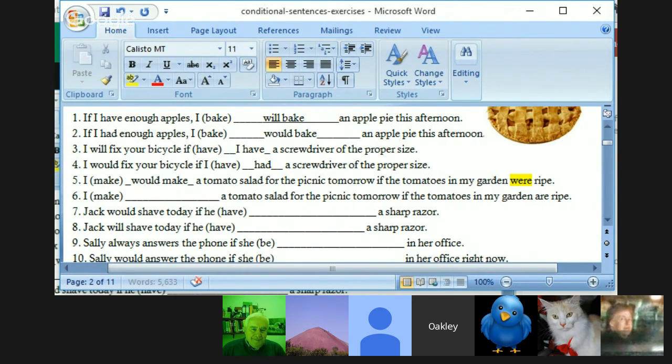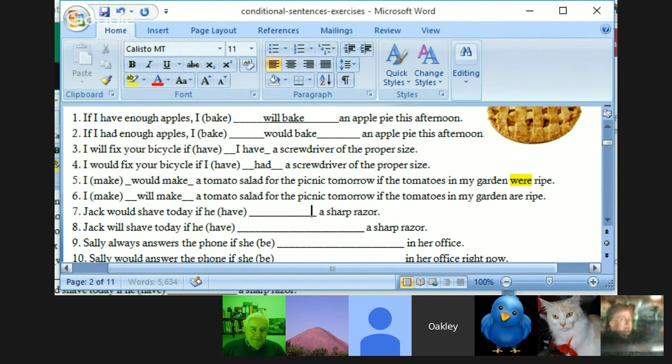Roberto. All right, imagining that it is correct here, how would you do number 6? I will make a tomato salad for the picnic tomorrow if the tomatoes in my garden are ripe. Okay. That's it. And in most cases, it is possible.